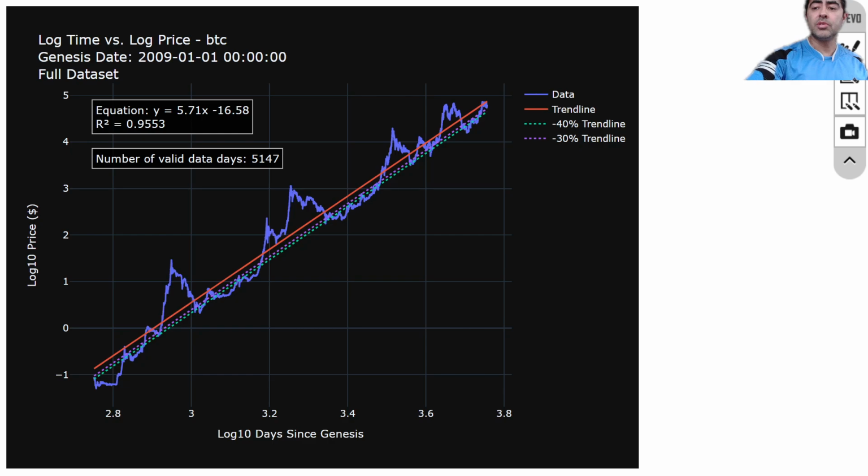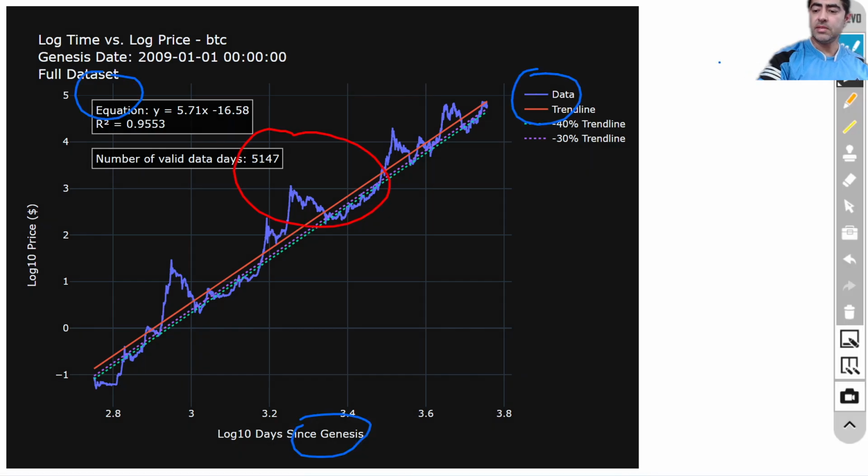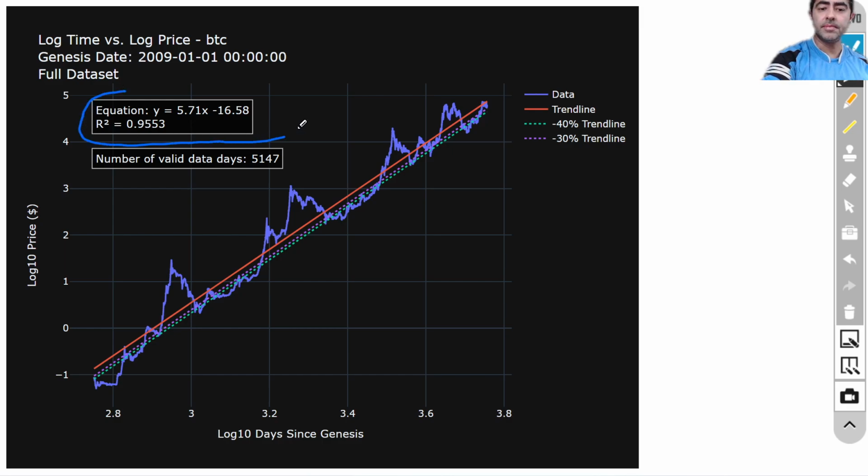So the important thing to notice over here is this particular equation. This is telling us that the equation of this straight line, as highlighted in orange, has this equation. Here are the parameters, and the R squared, which is a measure of how tightly the real price matches the equation. And at 0.953 over here, it's pretty damn good.